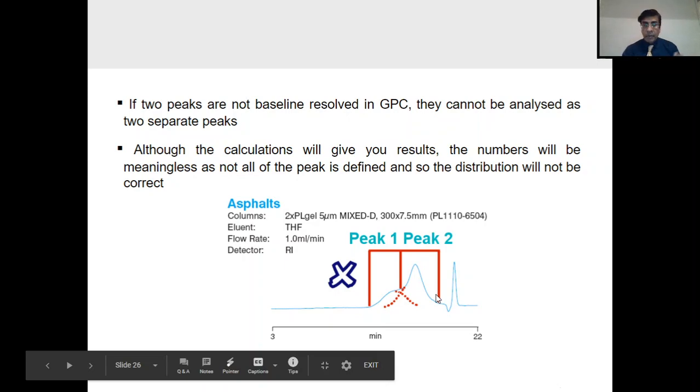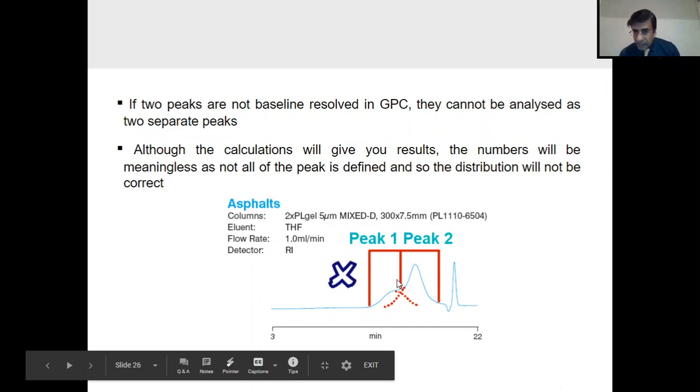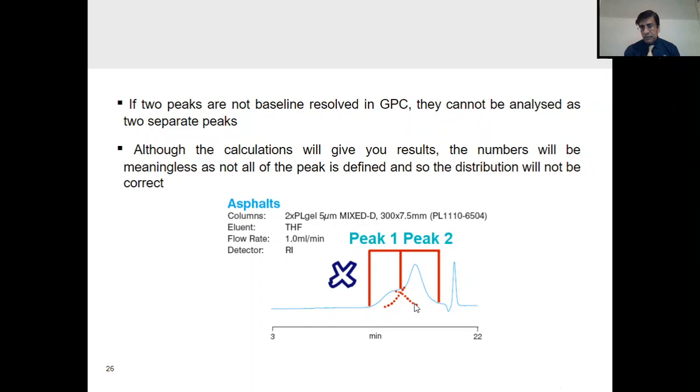But the polydispersity, which means Mw over Mn, is not reliable because both peaks are not completely resolved into the baseline. Ideally, we should have a system in which the peaks are completely resolved and touch the baseline. If not, then the result is not reliable. So what type of question could be asked?